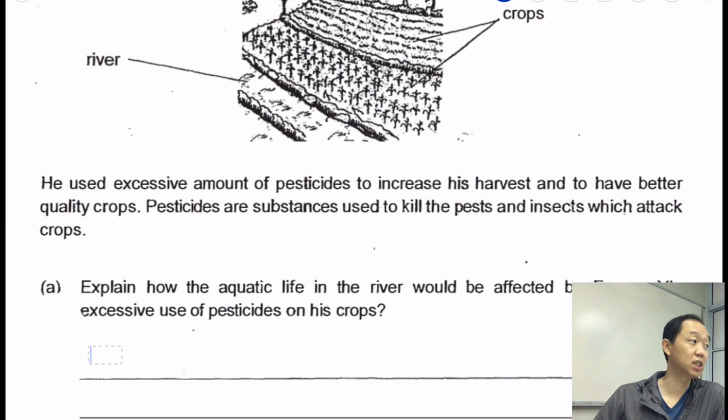He's trying to kill the pests and insects which attack. But if you use too much, what happens to aquatic life? How does he use the pesticide? He probably sprays them or throws them into the soil, right? So when rain comes, what happens? It washes the pesticide into the river.